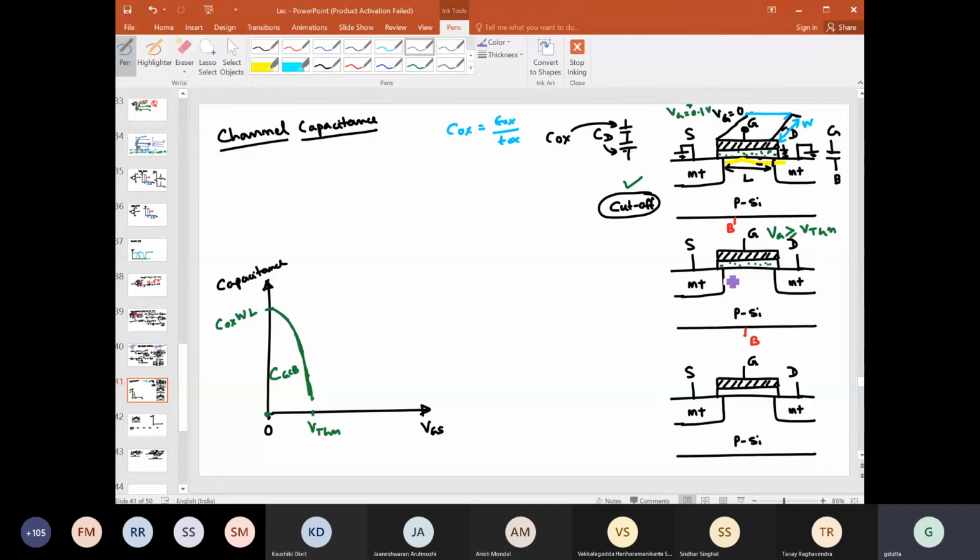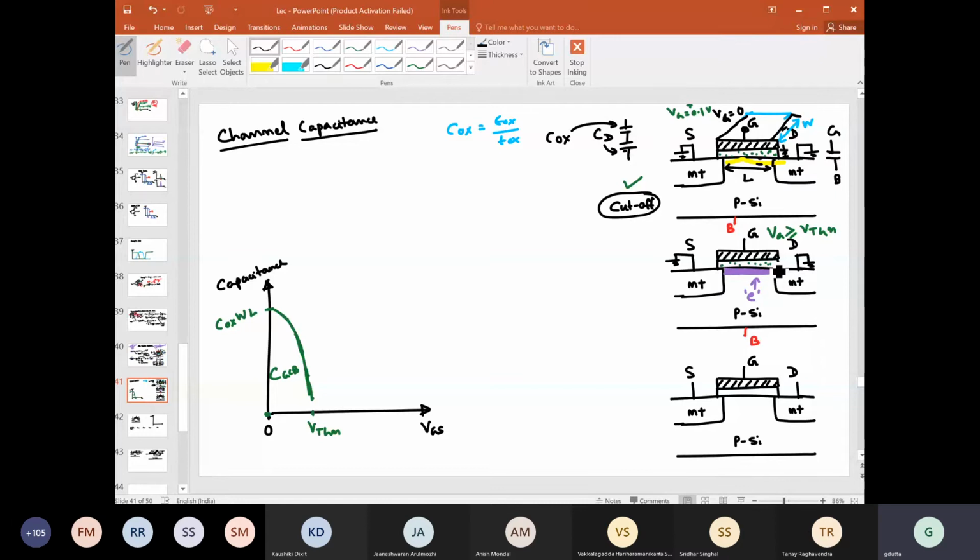Channel for an n-channel MOSFET is created by an inversion layer of electrons, right? And here also we are assuming that the source and drain are grounded.